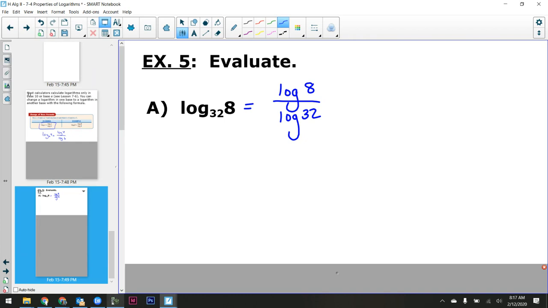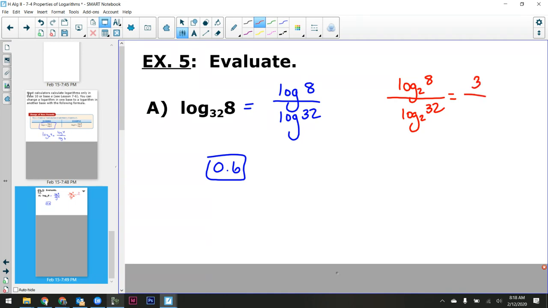0.6. Do you guys get the same thing? Do you guys want to see something cool? What if I had changed this into base 2? Because I could change it into whatever base I want, right? Well, this would have been log base 2 of 8 divided by log base 2 of 32. Guys, what is log base 2 of 8? 3.